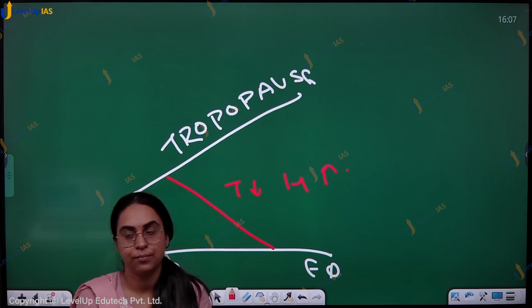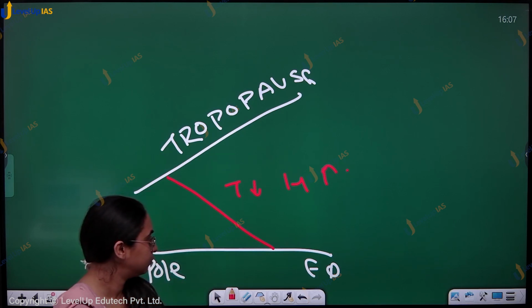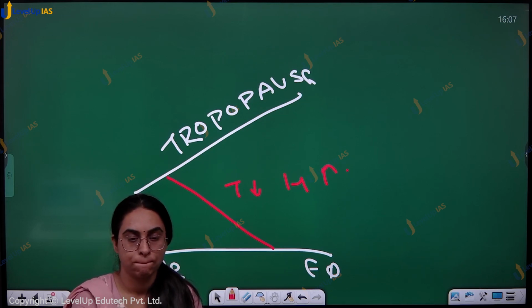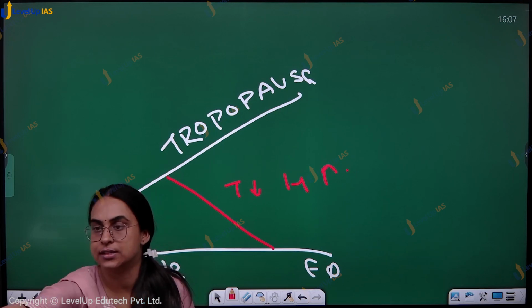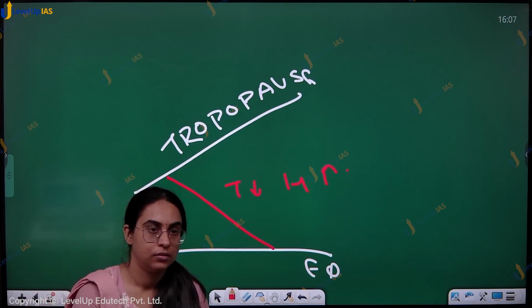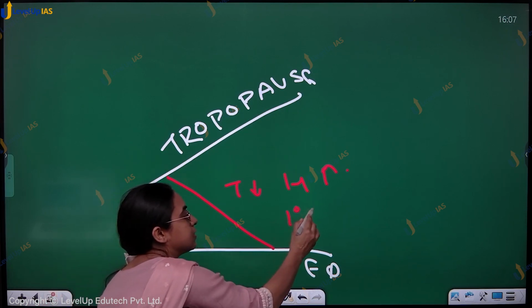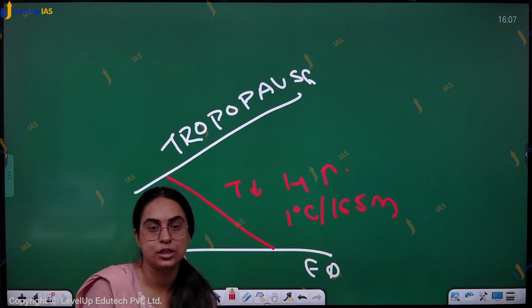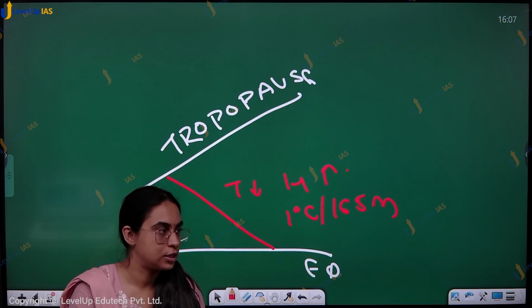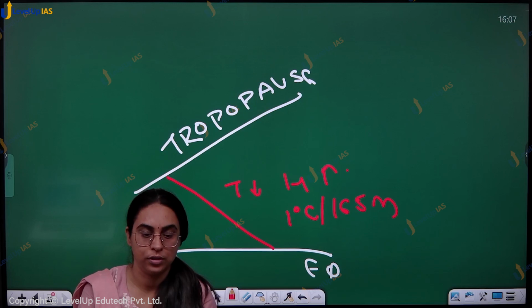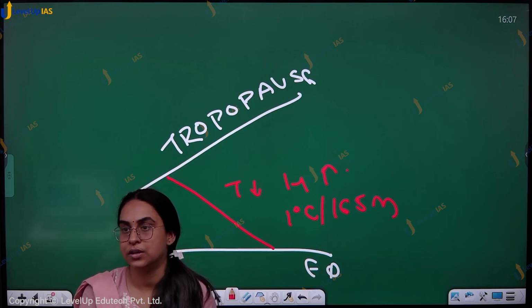The rate of cooling is 1 degree Celsius per 165 meters, or 6.4 degrees Celsius per kilometer.